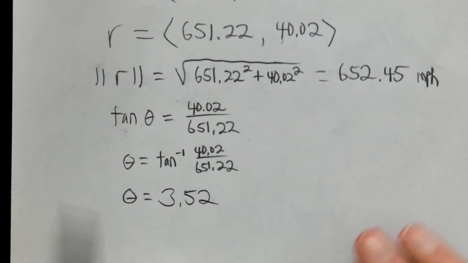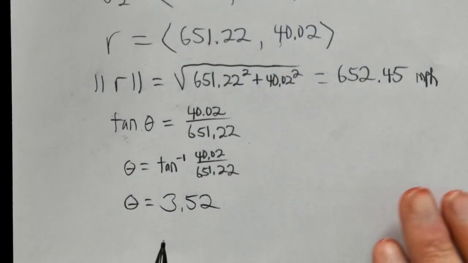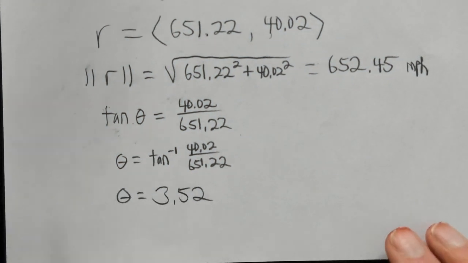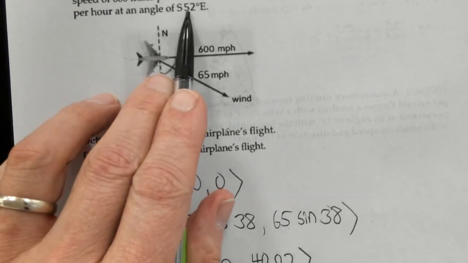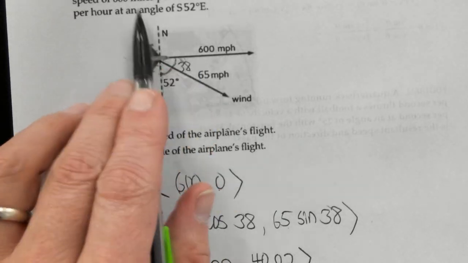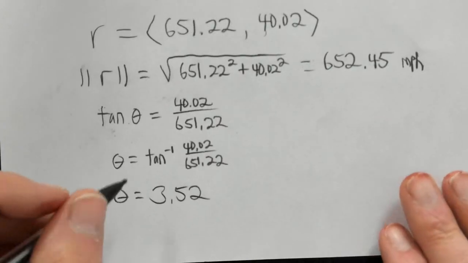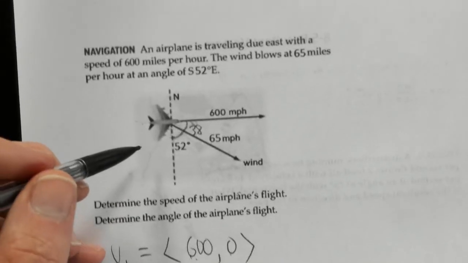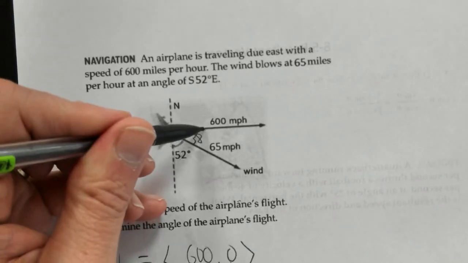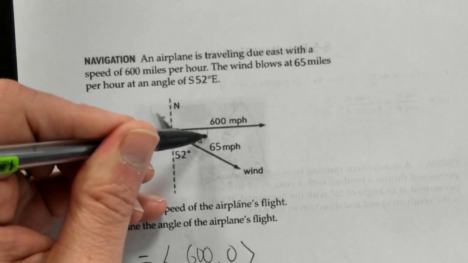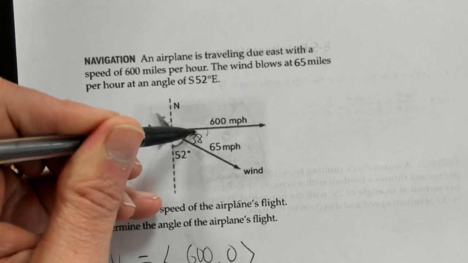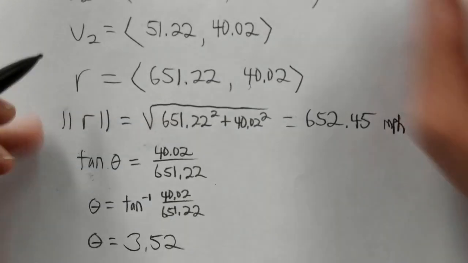And so now, how do I take this and write it as a bearing, since we're using airplane flight? So I need to use that as a bearing. So kind of like the same bearing that was written out here for this angle, I need to write it in terms of how many degrees east or west of south. And so if my angle is off 3.52 from here, well then what I'll need to do is subtract that from 90 and write it like this.